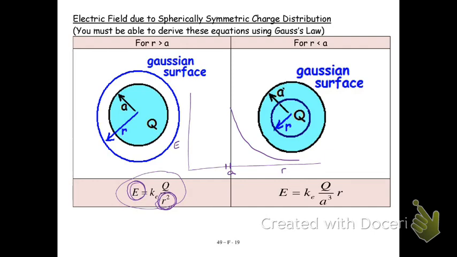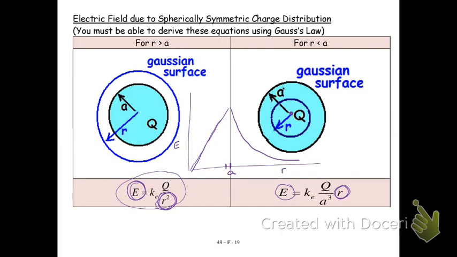Can you see how on the inside, as R changes, my E goes through a linear relationship, starting off when R is 0, E is 0. So at the very center, there is no electric field.